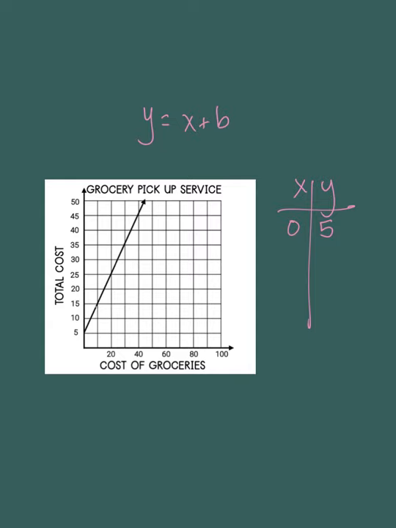Now I'm going to look for points on the graph. Right here, this would be 10, 15. Then I've got 20, 25. And I think that's probably enough for me to figure out the equation, but I'm going to go ahead and put another one just because. So I have 30, 35.